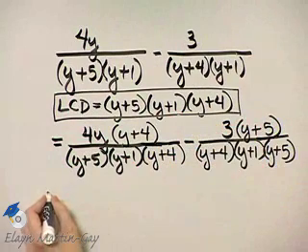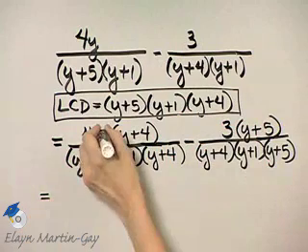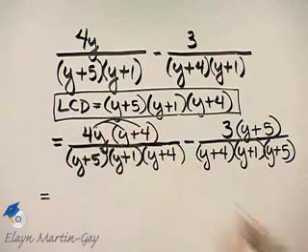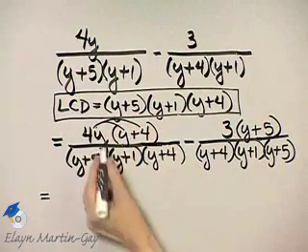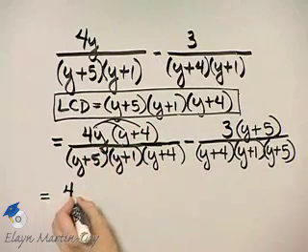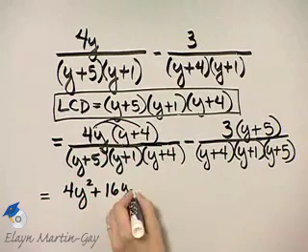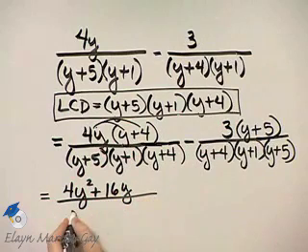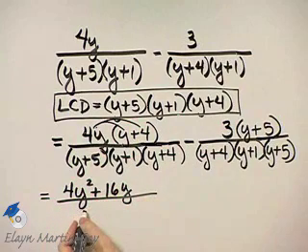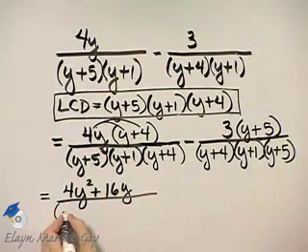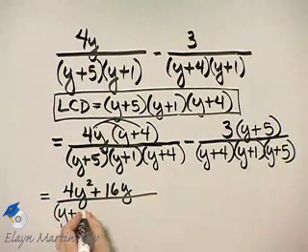Now let's go ahead and in the first numerator, let's go ahead and multiply. I have 4y squared plus 16y all over. Now if you want to save space, you can write LCD, least common denominator, but for our purposes, I better go ahead and write it out.